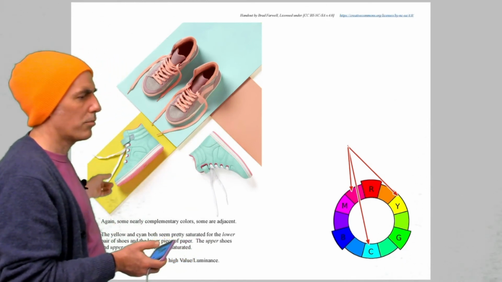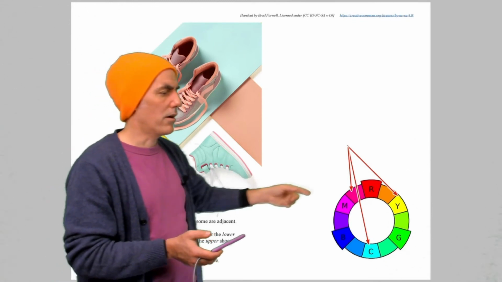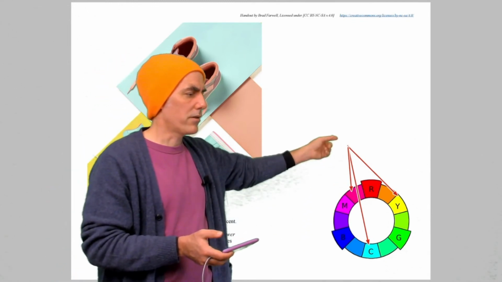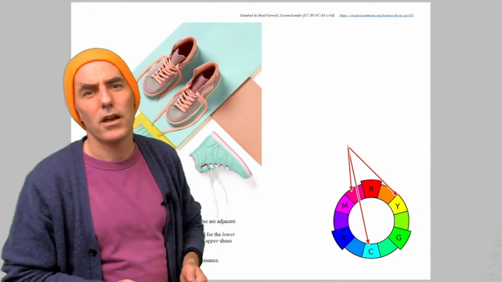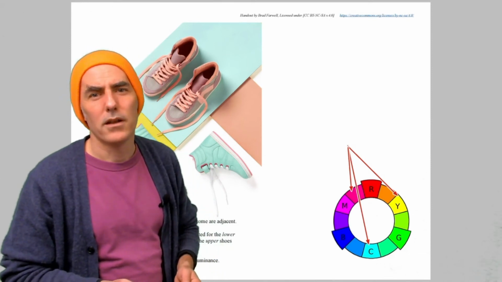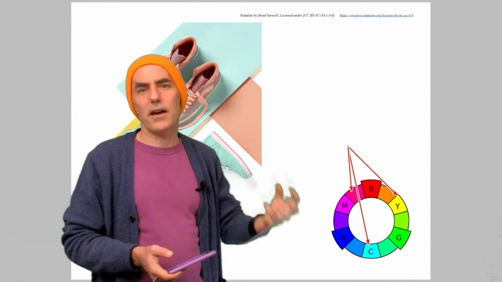That yellow pops a little bit more, and they are not adjacent colors on the color wheel. They're not totally complementary, but they're sort of more opposite than not. They stand out apart from each other.